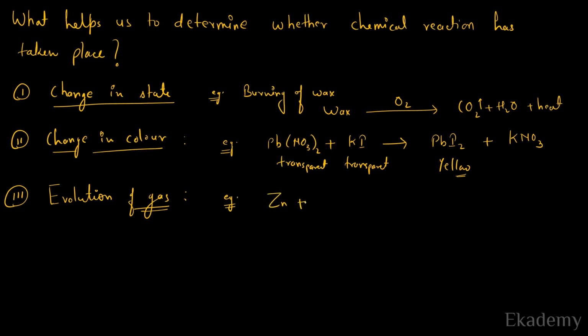So zinc, when it reacts with HCl, forms zinc chloride along with hydrogen gas, which evolves out of the mixture. You must be seeing that I am using this upward arrow sign in front of gases because they evolve out of the mixture. So for gaseous products, we use the upward arrow sign.